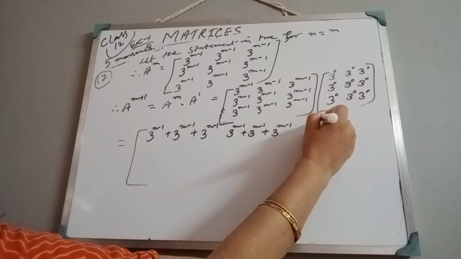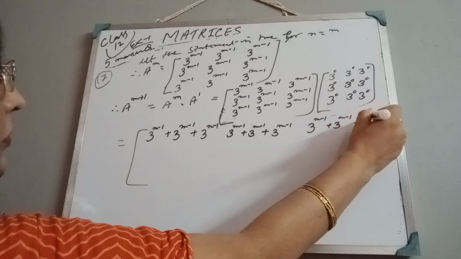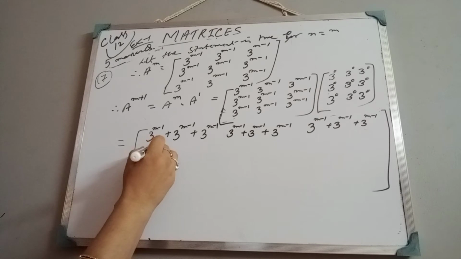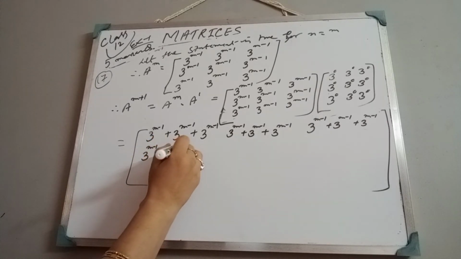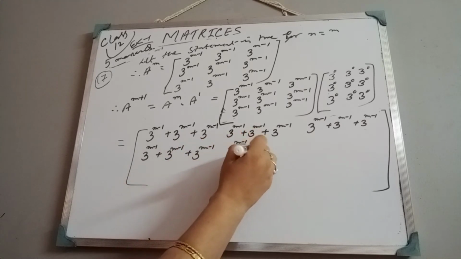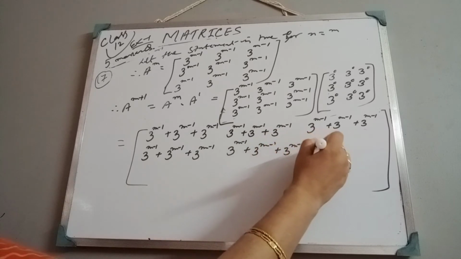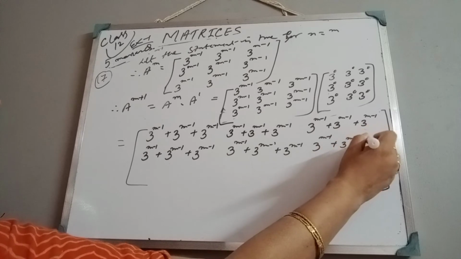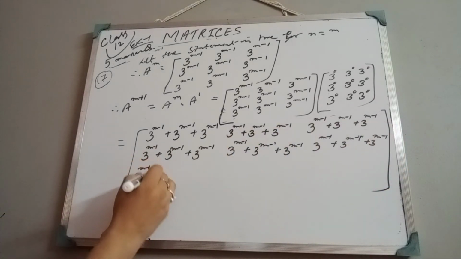Second row also the same. Third row also the same.